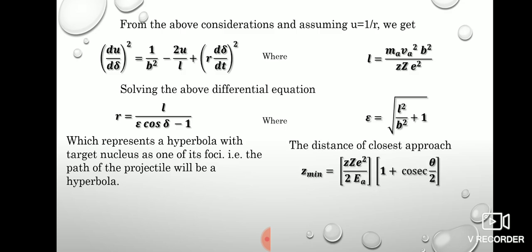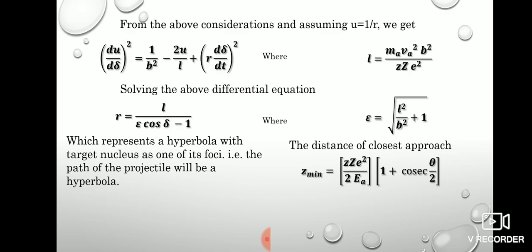And the distance of closest approach of the projectile can be obtained like this, r minimum, the minimum distance between the projectile and the target nucleus as the Coulombic interaction occurs.